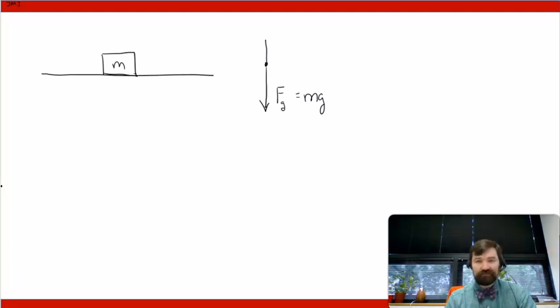So we know that there must be some other force that acts upward, and that is what we call the normal force. I usually use an Fn for that. Some sources or some textbooks will use an N to represent it instead.